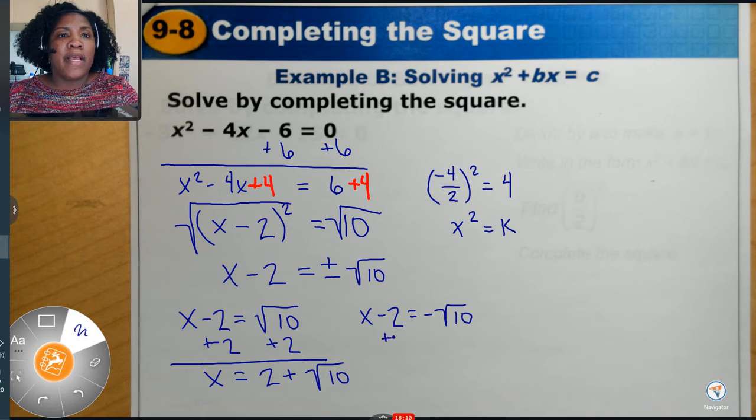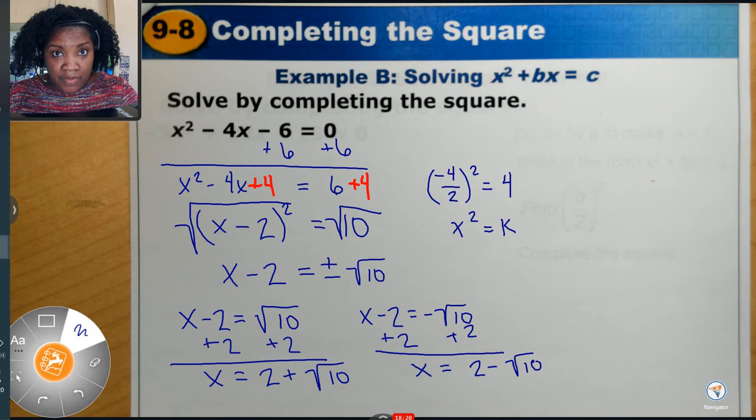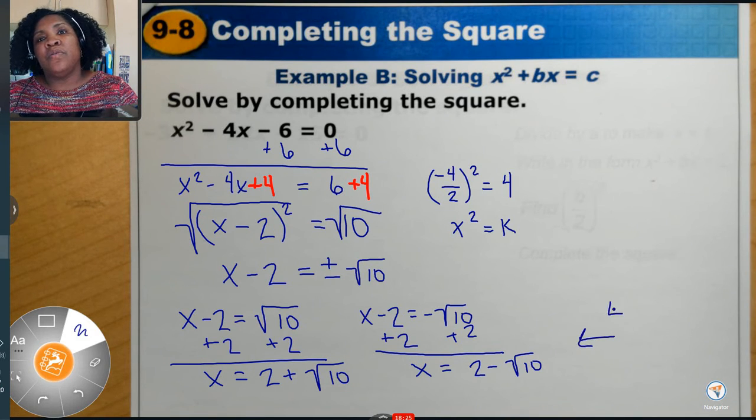And over here, lastly, add 2 on both sides. And we have that x is equal to 2 minus the square root of 10. So these are our answers. And these answers are what you would call exact solutions.